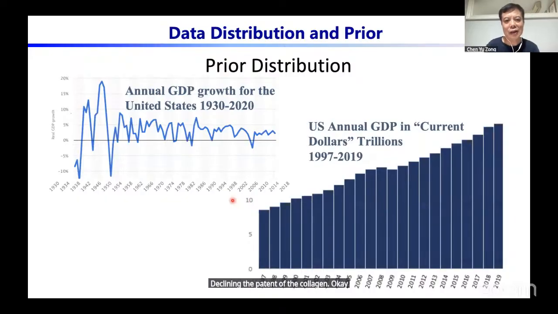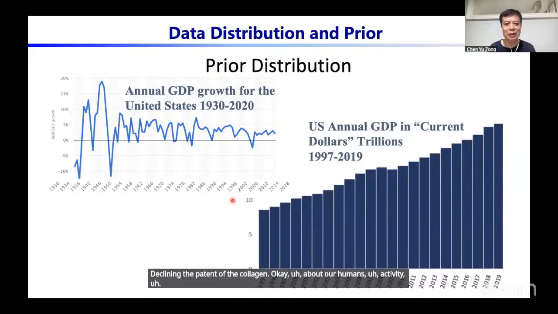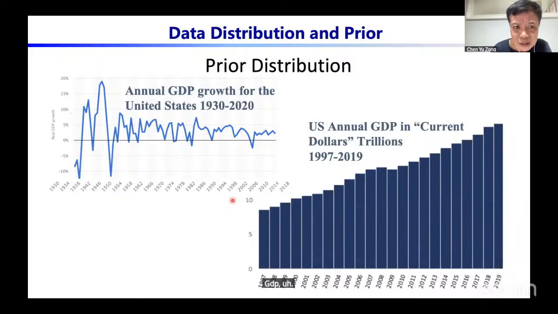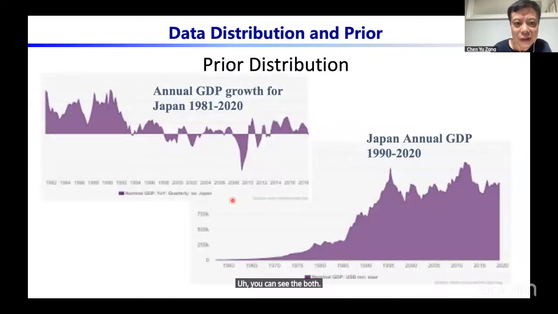Okay, about our humans' economic activity, you see this is the pattern of the annual GDP of the US, and also the variation of the GDP. You can see both. And then this is the US, and then this is Japan.